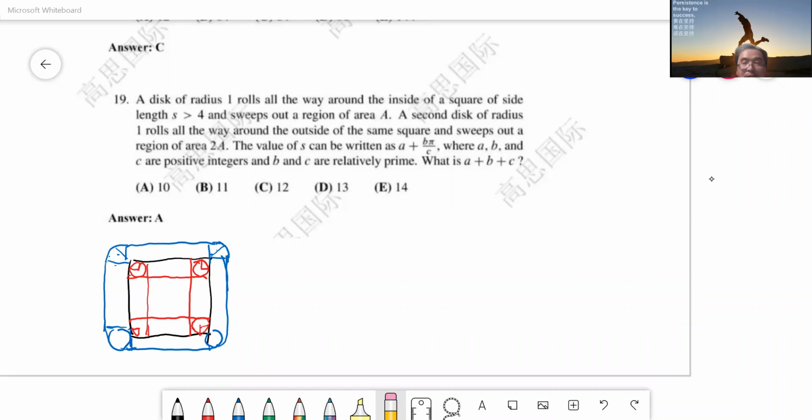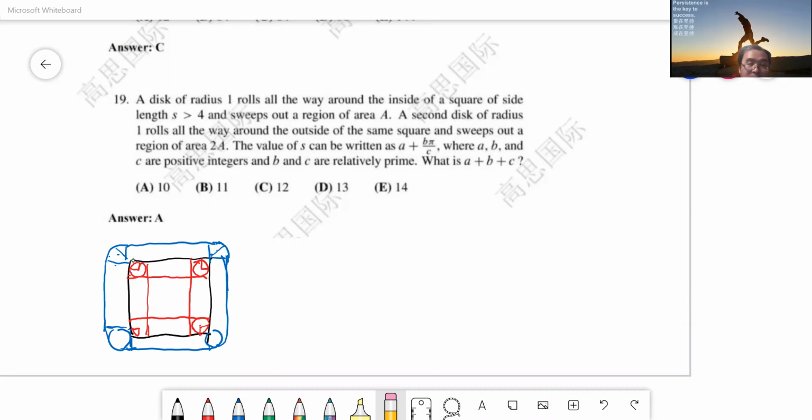Okay, so this is a geometry question again, right? So we need to draw this diagram. We have a square, this black square, with side length s. We look at the first part, the first coin rolling inside along this edge, right? It's going to roll all the way to the top, then go this way. So basically that's going to cover inside, giving you this center square, right?